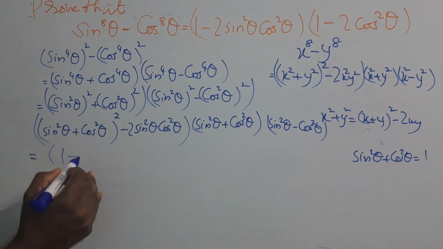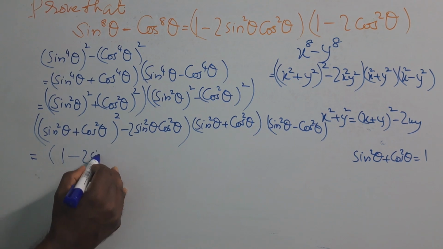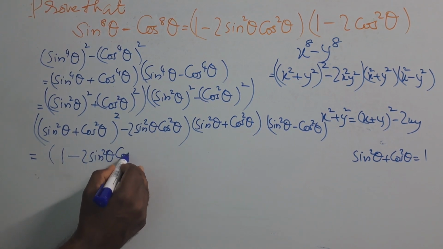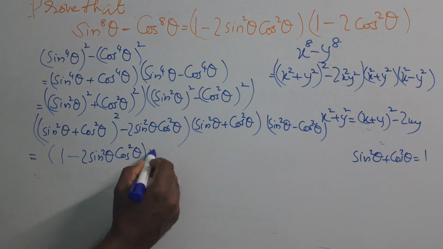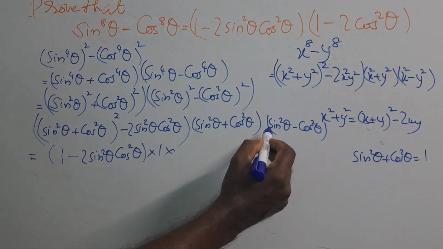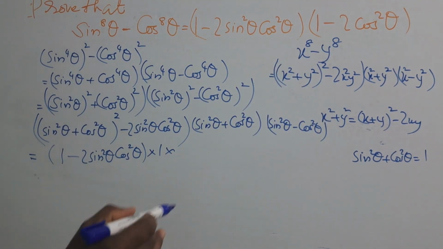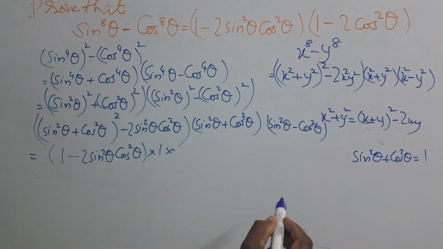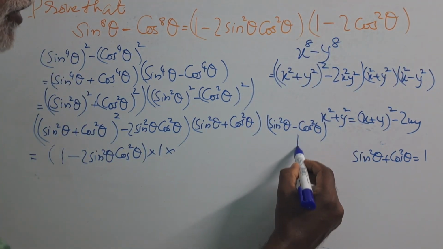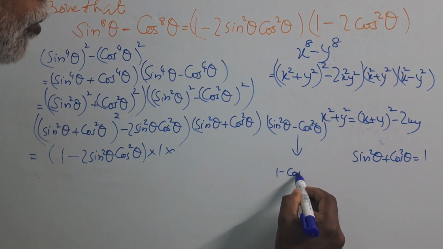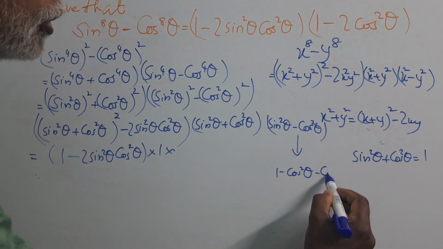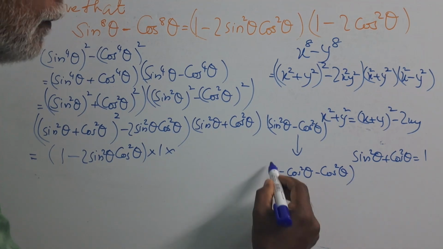1 square is 1. 1 minus 2 sine square theta cos square theta into, this is 1. Here we need 2 cos square theta. Therefore, we substitute sine square theta as 1 minus cos square theta minus cos square theta.